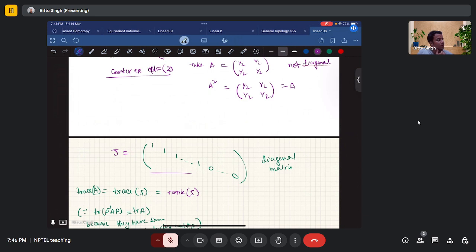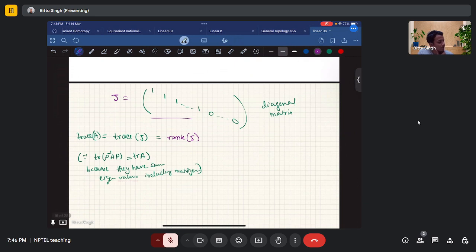Nullity of A can also be easily obtained. Important fact: nullity of A is the number of Jordan blocks corresponding to 0. So here nullity will be this, and therefore rank should be those ones.